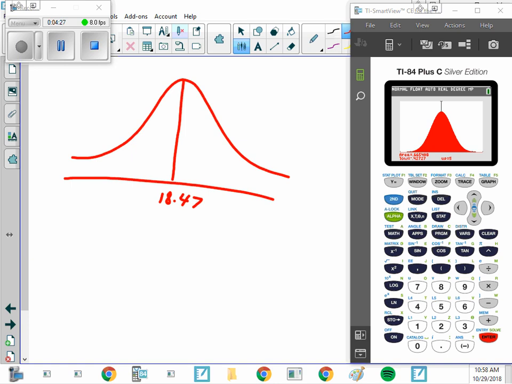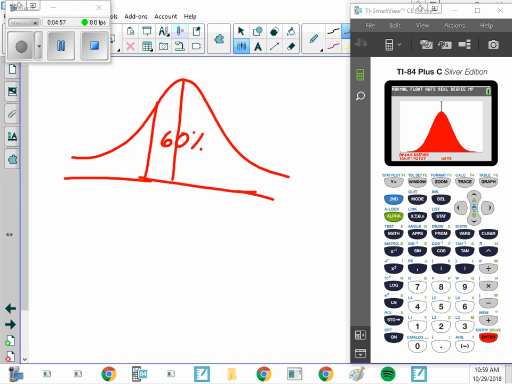So where is my z going to be? Is it going to be right of the average or left of the average? Sorry, it's not 18.47 because we're doing leg. If I want to do higher than what value, then I need to put that value on the left and have this equal 60%.